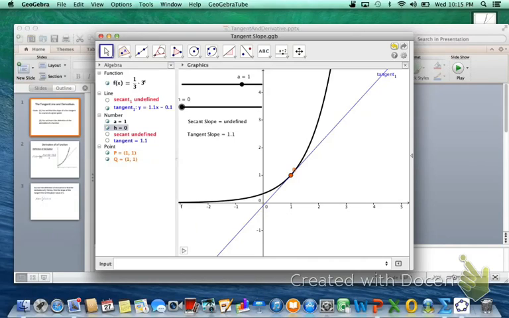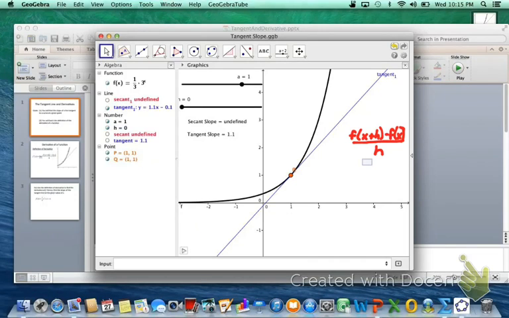Just a curious thing here, why does it say the secant slope is undefined instead of 1.1? Simply because it's measuring the slope of the secant from points P to Q, but they're exactly the same point, so you get 0 over 0, and that's undefined, right?